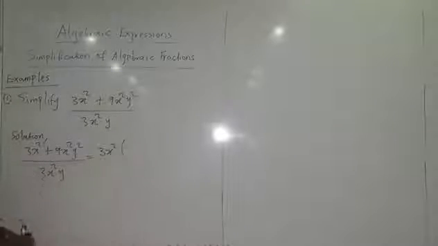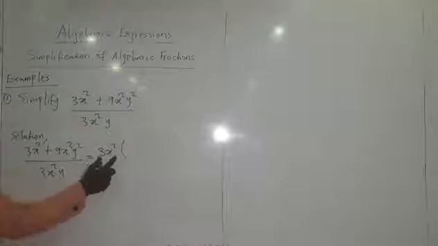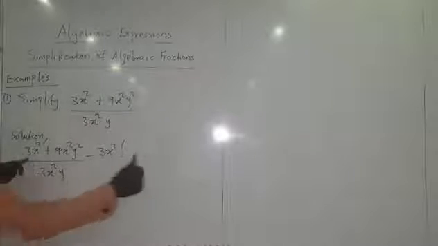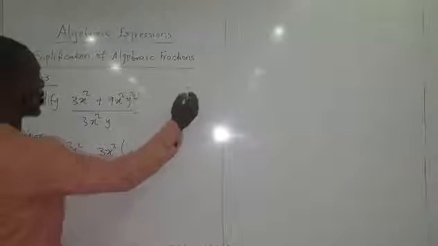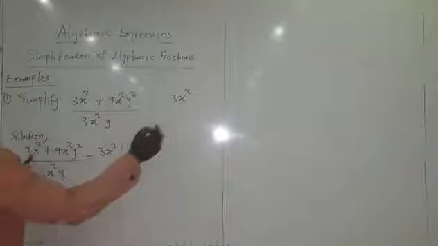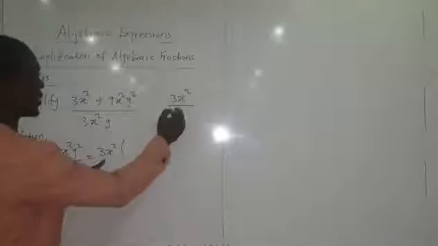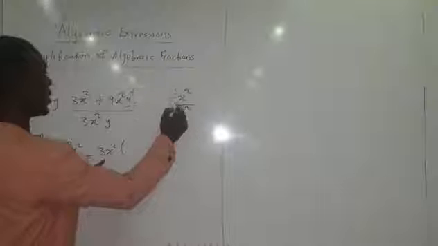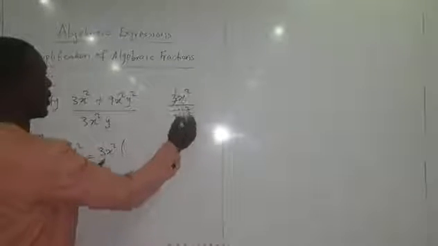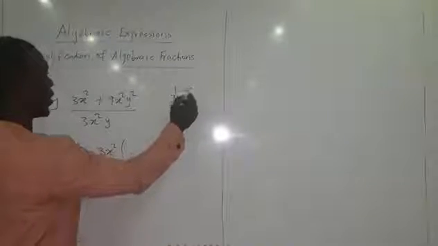Open the bracket. So this 3x squared divided by this 3x squared: 3 and 3, 1; x squared and x squared, 1.